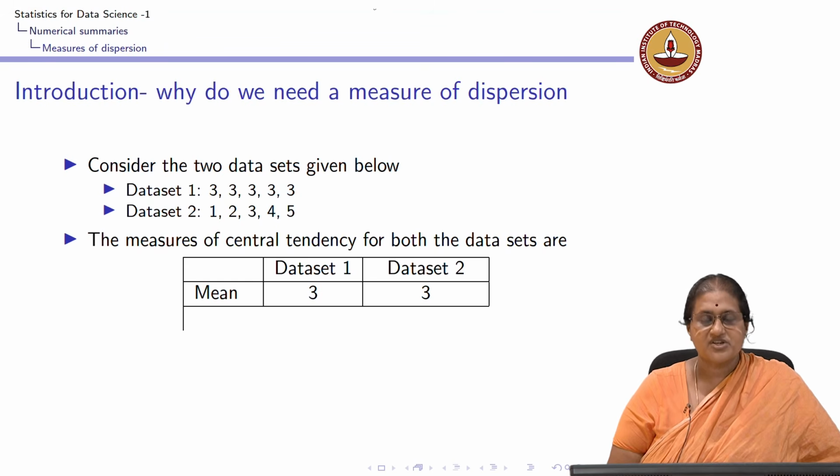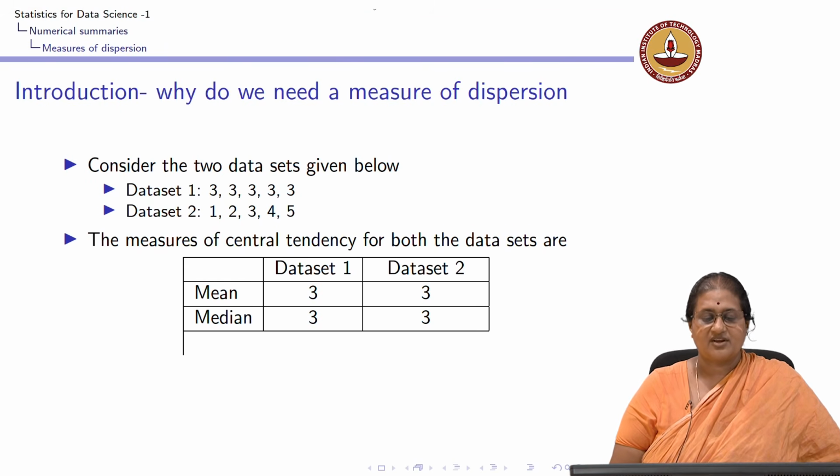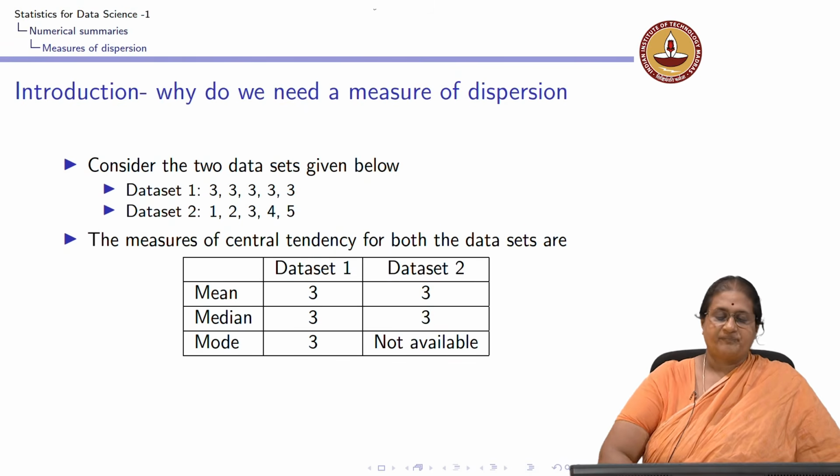The third observation in data set 1 is 3. Again, the median for the second data set also is 3. For the first data set, the mode is 3, the only value, which appears 5 times.